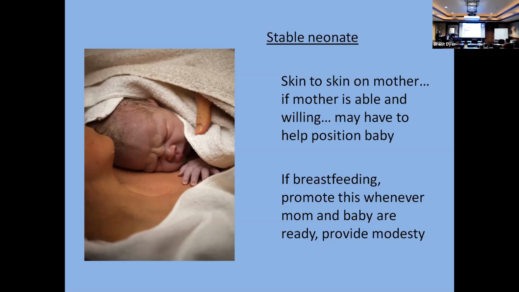If breastfeeding, promote this whenever possible. Breastfeeding starts to release oxytocin and pitocin in the mama, these hormones, and these hormones promote uterine contractions that will help to treat the postpartum hemorrhage.